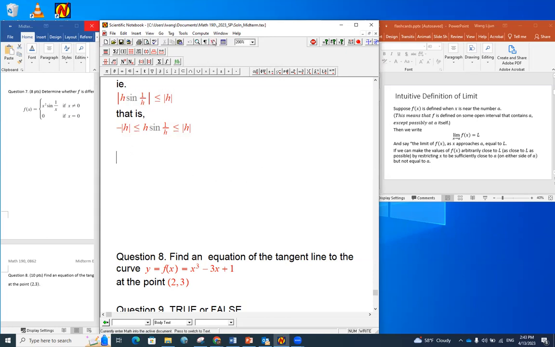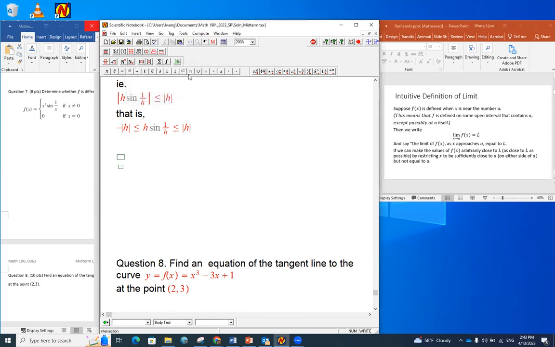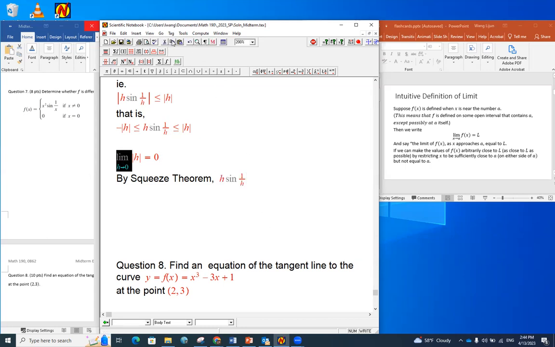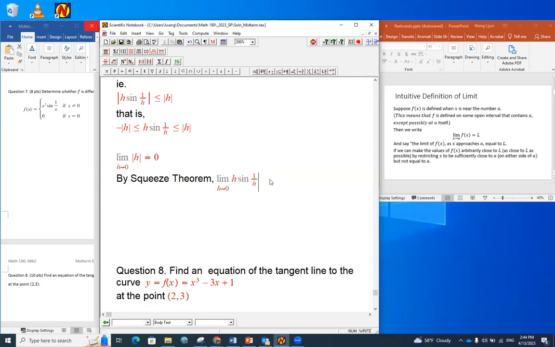But the limit as h approaching 0 of the absolute value of h is 0. So by the squeeze theorem, the limit of this piece as h approaches 0 is 0.